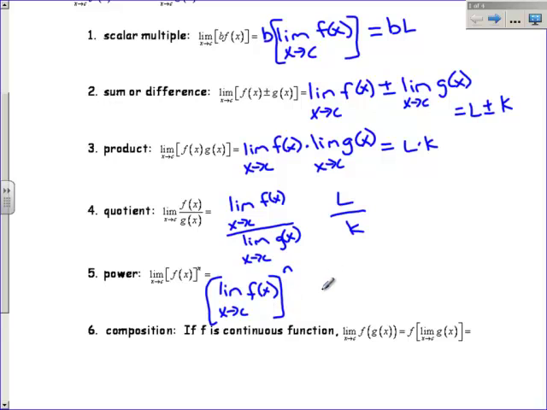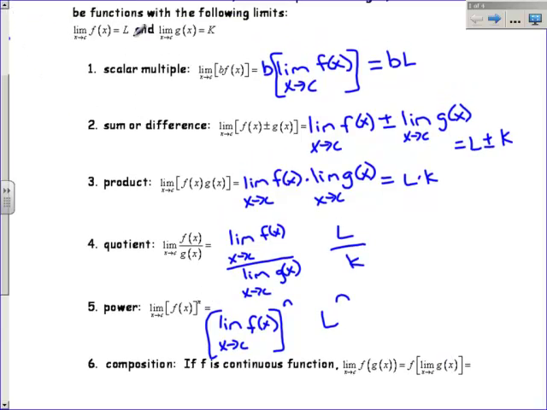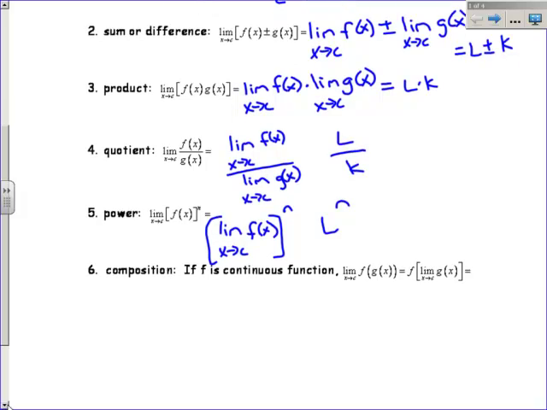And on the power rule, this would be L to the n power. And then on this composition, the limit as x approaches c of g. That was my L, right? Let me go back up here. No, that's k. All right, so the limit as x approaches c of g is k. I get down there. There we go. So this is going to be f of that answer k.